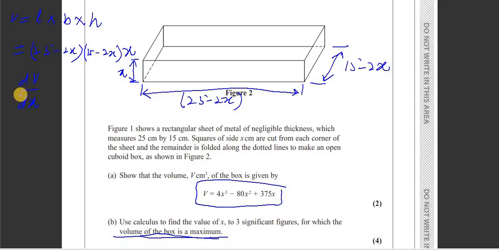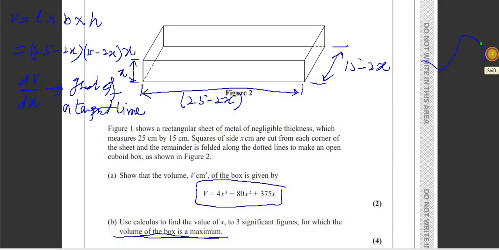And this dV by dx, which is the derivative of volume, is in fact the gradient of a tangent line on the given curve. So suppose we have a curve of any shape, and I draw a tangent line at any point, like I can choose this point.